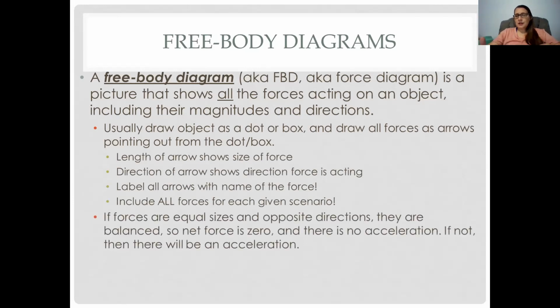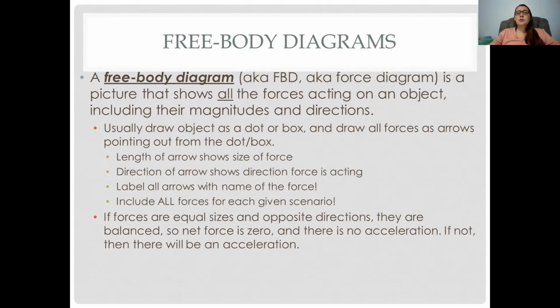So if forces are equal in size and opposite in direction, then they'll be balanced. And if all of the forces are balanced out by another force in the opposite direction, then our net force is 0. And the motion does not change. Remember, it doesn't necessarily mean that it's sitting still. It could be moving at a constant speed in a constant direction and still have a 0 net force.